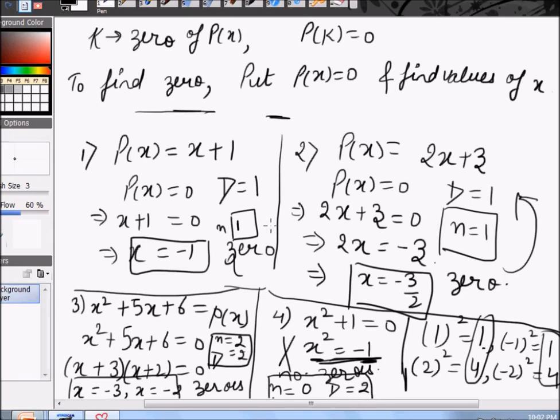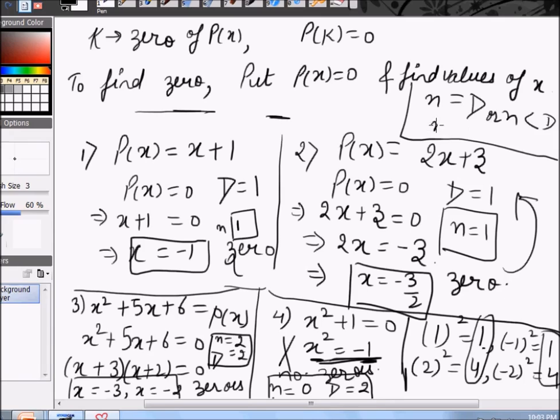Now degree and the number of zeros are the same. Here again degree and number of zeros are the same. Here also degree and number of zeros are the same, but here degree is 2 whereas number of zeros is 0. Thus we can easily see that either the number of zeros n is equal to degree or the number of zeros n is less than degree.